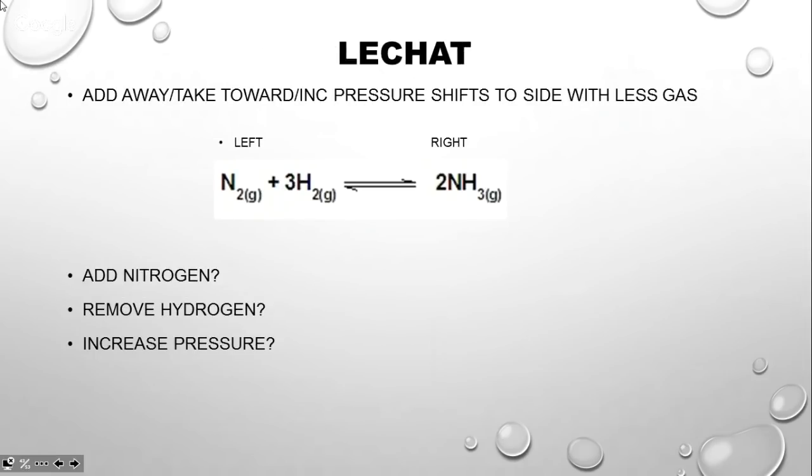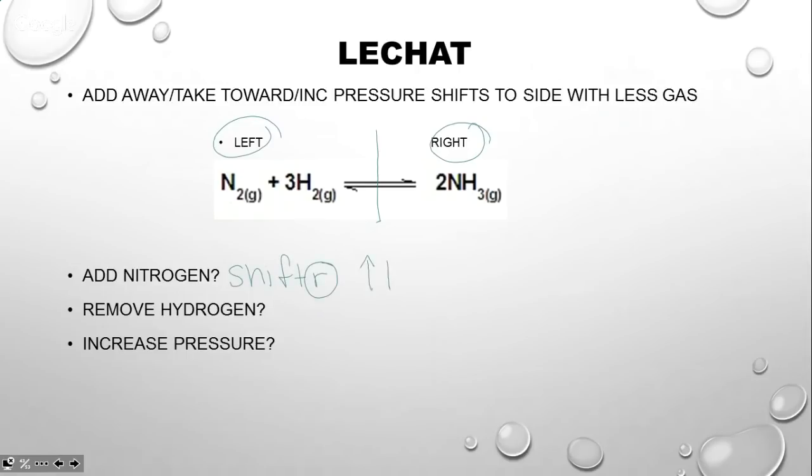Le Chatelier's principle tells us that we use add away, take toward, and increasing pressure shifts to the side with less moles of gas. Add away means that if we add something, remember I always tell you to put the line through the arrow and identify your left and your right. If you write it on the page, it's much easier to make sure you don't make a mistake. If we add nitrogen, nitrogen is on the left, so we'll shift to the right.